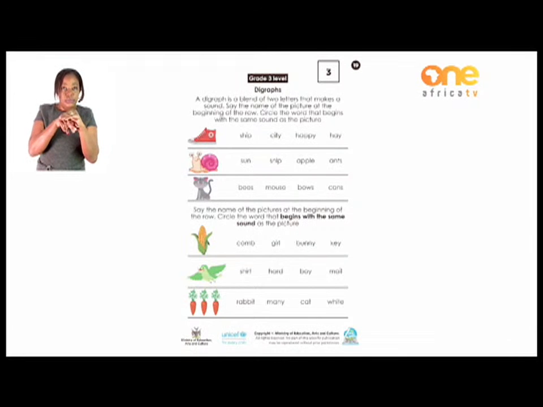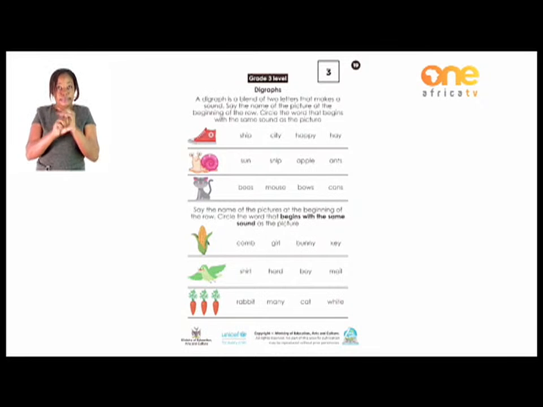What is the name of that? Okay? Is it a sun, snip, apple, and? Then you find out the name of it, which is not here on the answers, but the sound, the first 2 letters of the name of this insect, it is found on these 4 words. Which word is containing those 2 letters?